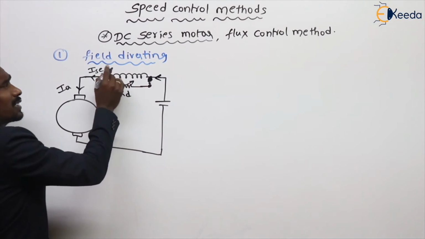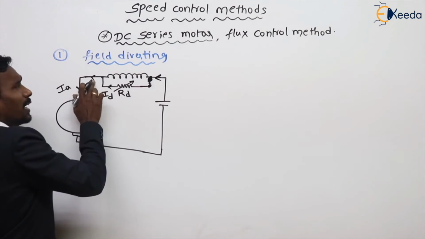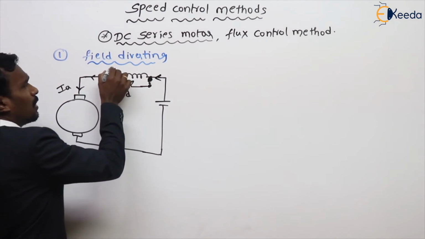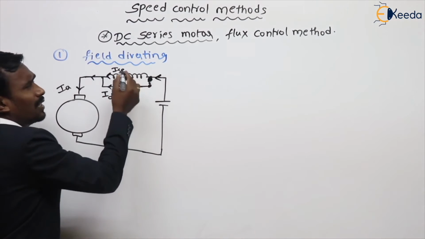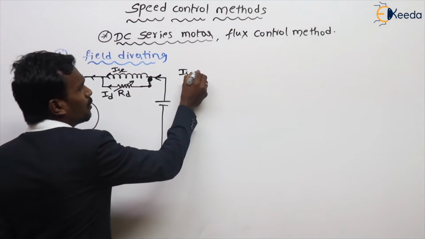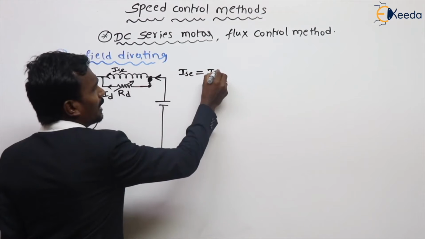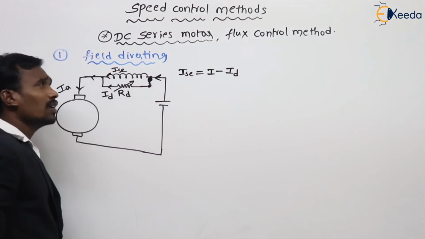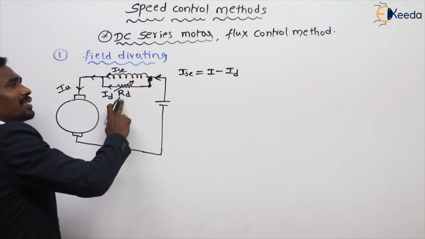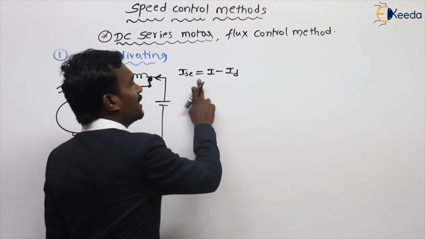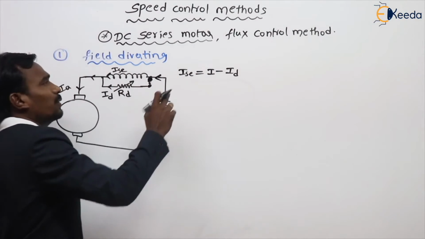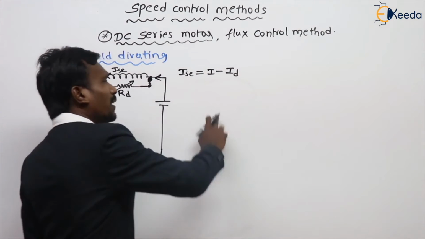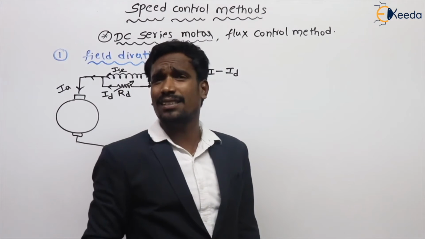Here the total current appears, but the current flowing in the field is called ISE. This ISE is equal to total current minus diverting current. By changing the resistance, we can change this ISE by changing the diverting current. How can we increase or decrease this ISE?